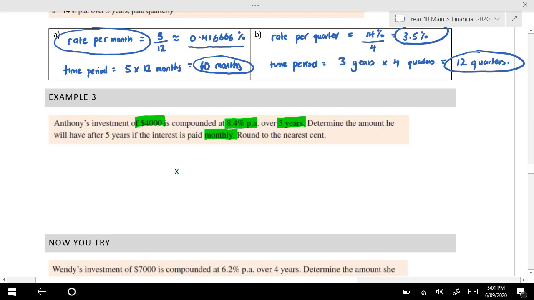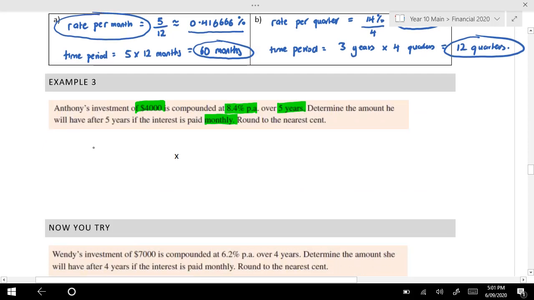Now, what do we do second? Well, let's write out what we know. The principal is $4,000. The rate, let's do the rate per month. Okay, so the rate per month would be nice if we can get 8.4% per month, but we're not going to get that.